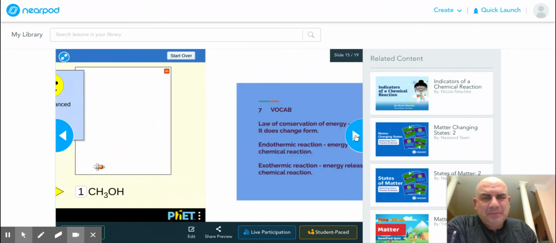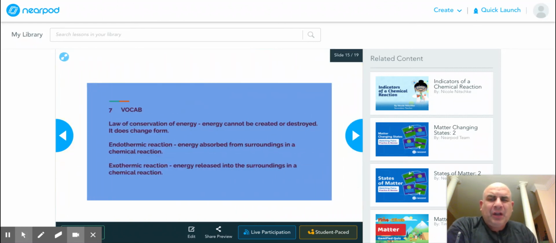I'm just counting atoms. Okay, so law of conservation of energy. Energy cannot be created, cannot be destroyed. An endothermic reaction actually takes energy absorbed from surroundings. Ice does not make you cold, it takes your heat away. Exothermic gives energy.